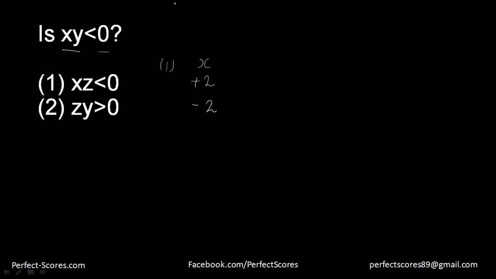Since it's only about signs here, I should not worry about the magnitudes. It's only about the number being positive or negative. Similarly for the next variable, z: if x is positive, z will have to be negative. If x is negative, z will have to be positive.